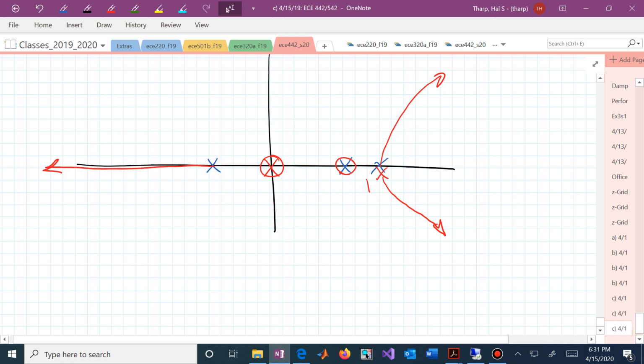But hopefully this now gives you a feel for how you might approach a problem for rule number 4. Rule number 5 is introduced in some subsequent videos. How do we depart complex poles, and how do we arrive on complex zeros?